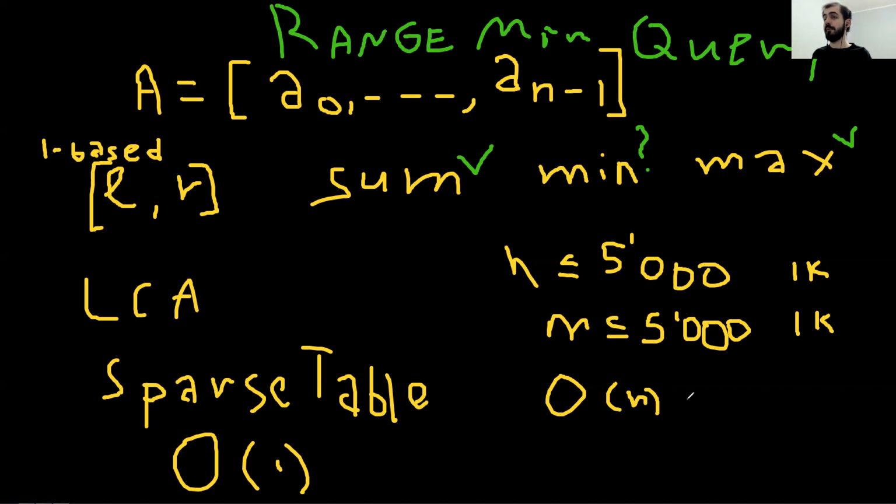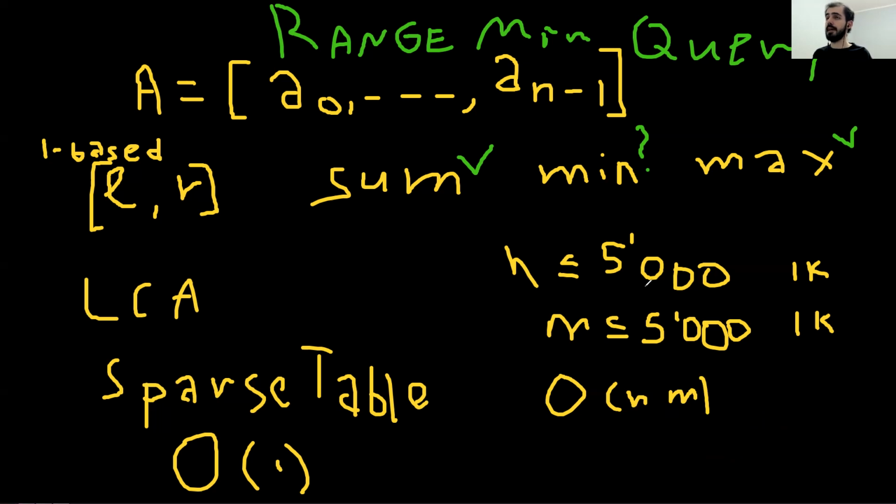So in the worst case, one query can take up to a linear number of operations. If there are m queries, then your total complexity gets O of nm, right? But if both of them are up to 5,000, it actually means that you make around 25 million operations, which is completely fine. Also because you just have nested for loops, compilers can optimize it pretty decently. So this literally means like 30 milliseconds, something along these lines.